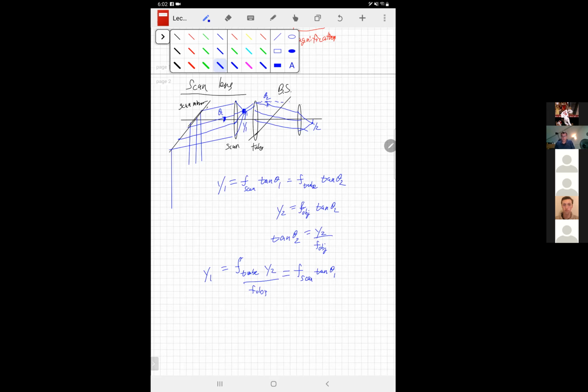We'll focus the light at a distance Y1 off axis. Then the combination of the tube and the objective will take that light that was focused to a point Y1 off axis in this plane and move it to a point Y2 off axis in your object plane.